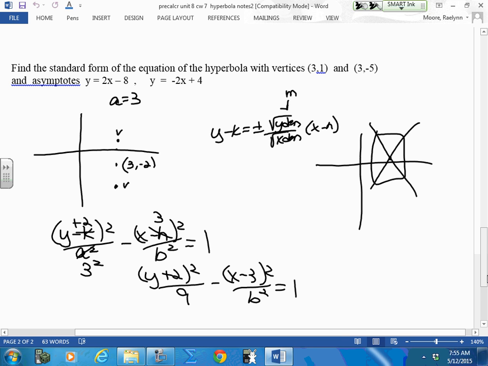So if we set this thing equal to the slope, we take our y denominator. Now this is what's important. Under your y, you have to know which one is the a, which one is the b. Under the y is the a. If my major axis was my x, under the x is a. Whoever comes first is the a.